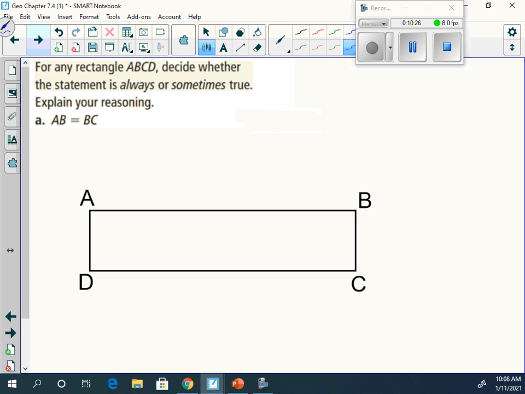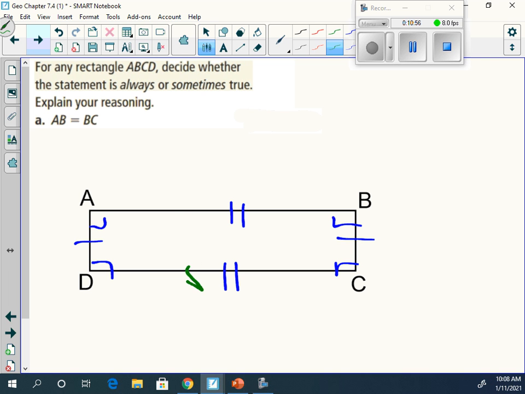For any rectangle ABCD, decide whether the statement is always or sometimes true. Explain your reasoning. So, a rectangle is a parallelogram. So a parallelogram means that the opposite sides are congruent, and because it's a rectangle, we have 4 right angles.